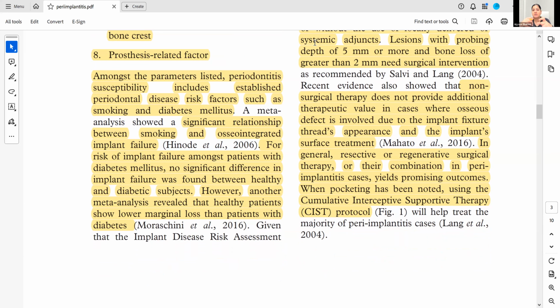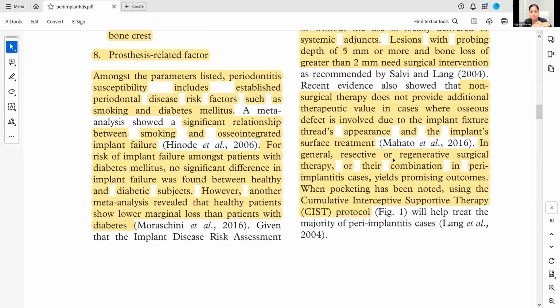When the bone loss is coming from the implant's own anatomical factors, its thread shape, its design, and its surface treatments, non-surgical treatment, that means scaling and prophylaxis, will be of no benefit, because those anatomical factors of the implants will persist and that bone loss will continue to happen. So disease coming through the implant's own surface factors cannot be treated by non-surgical intervention.